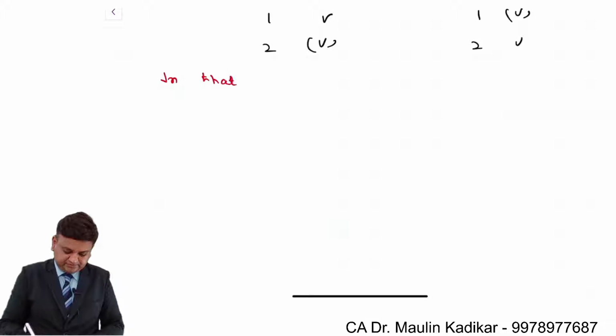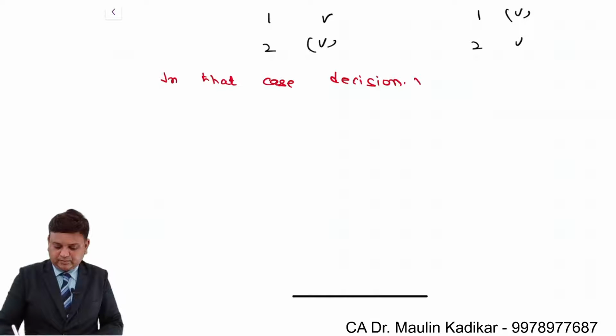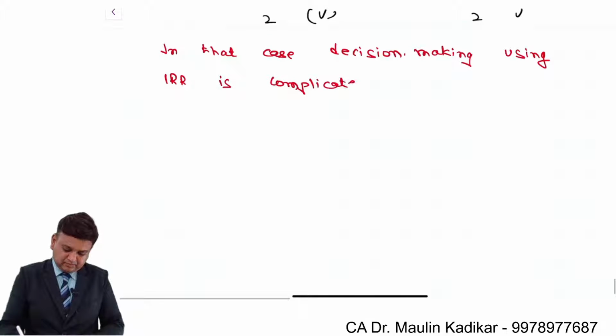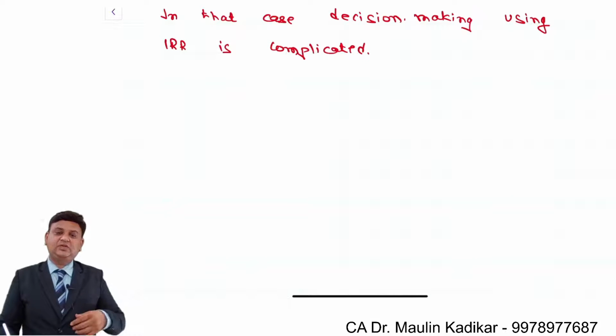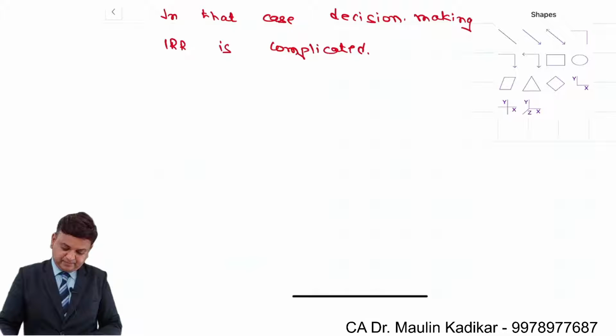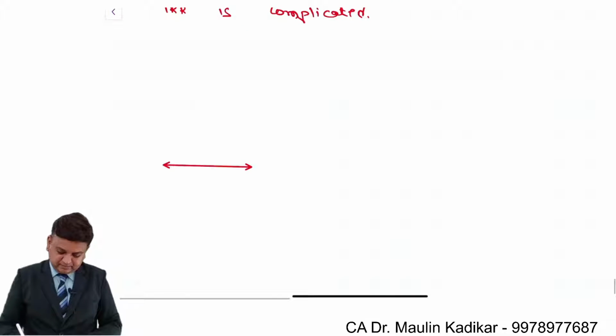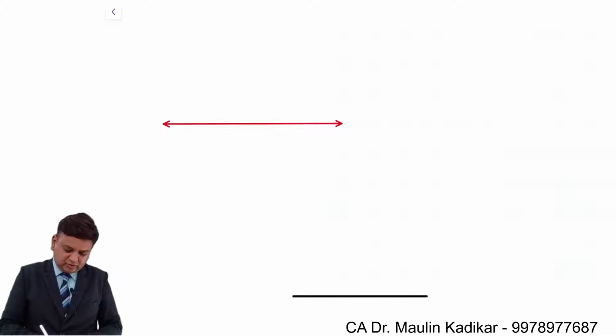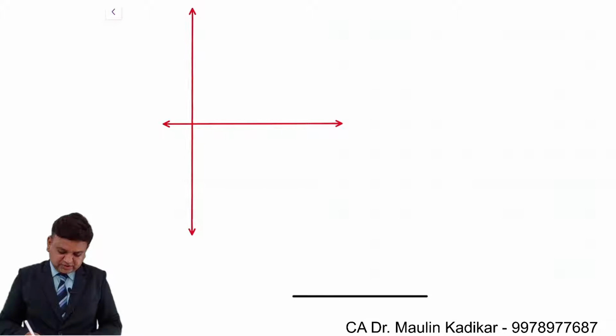In that case, decision making using IRR is complicated. Remember that it is not impossible, it is complicated. Draw the diagram. I am dictating a note for the multiple IRR also, because that is going to help you in the theory questions.